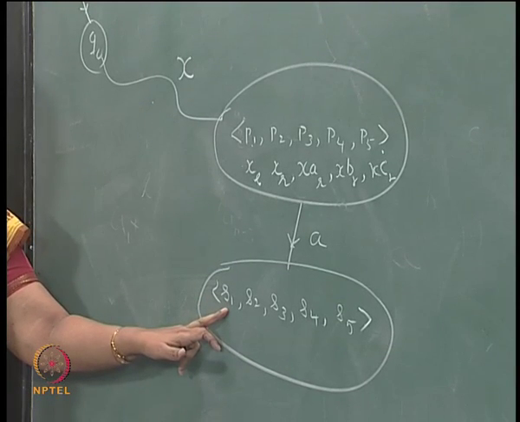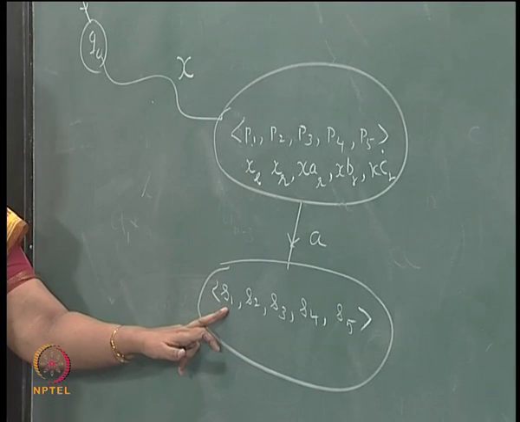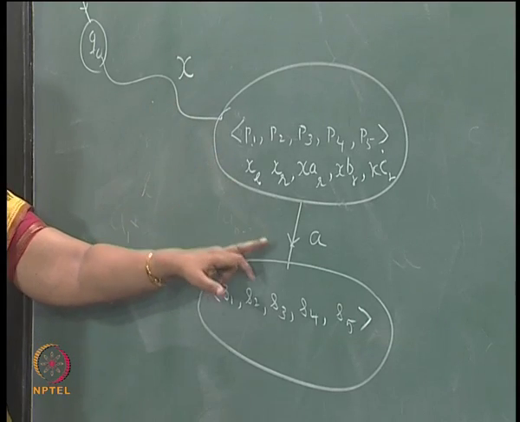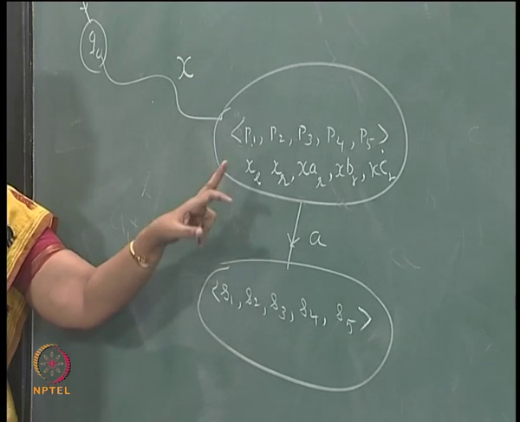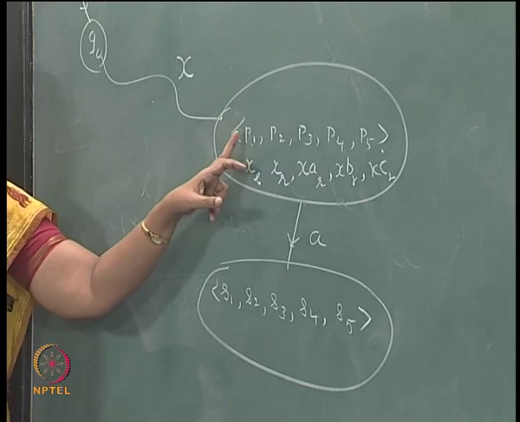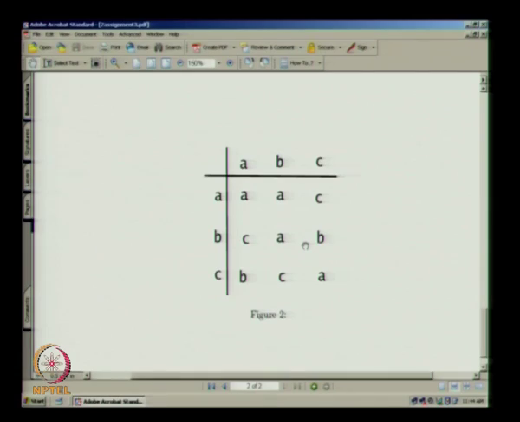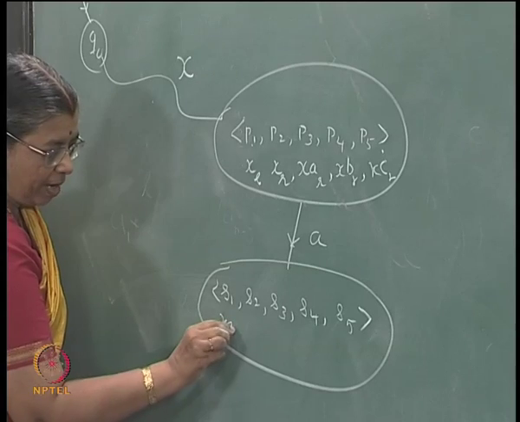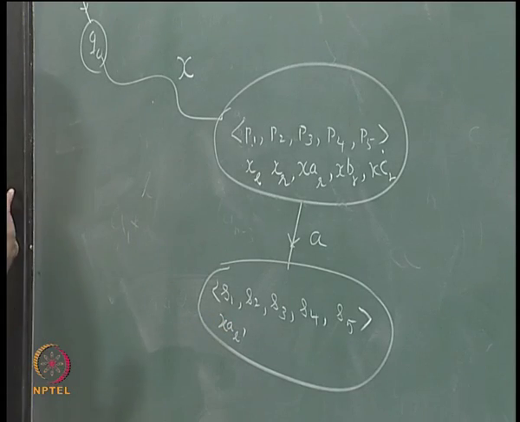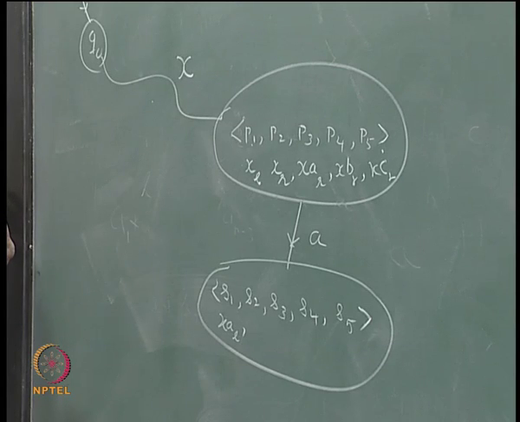S1 is the left evaluation of XA. You know what this is? This is one of A, B, C. So, from that and A, by looking into the table, you can fill this. This is the left evaluation of XA, right.